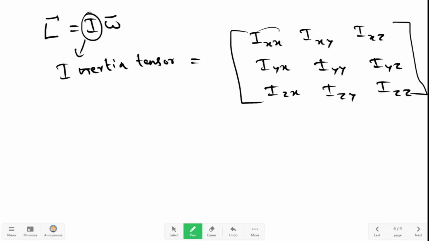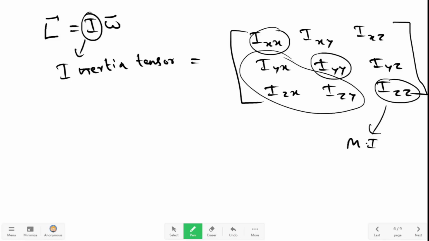The diagonal terms Ixx, Iyy, Izz are called moments of inertia, and all of these off diagonal terms are called products of inertia.